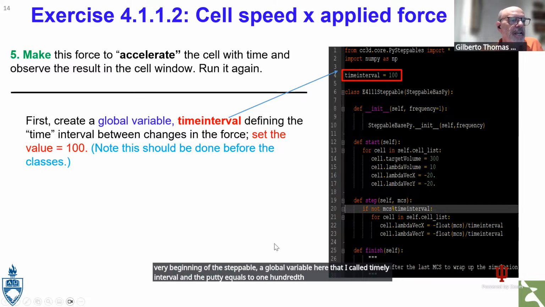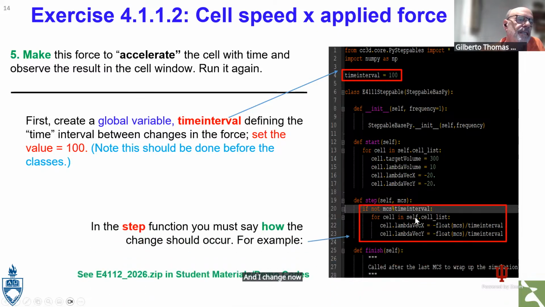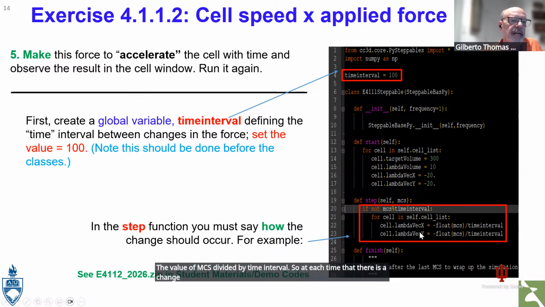And I now change the lambda vec x and lambda vec y definitions to a function of MCS. See, now instead of the constant value of 20, I have this value of MCS divided by time interval. So at each time that there is a change, the value of lambda vec changes.